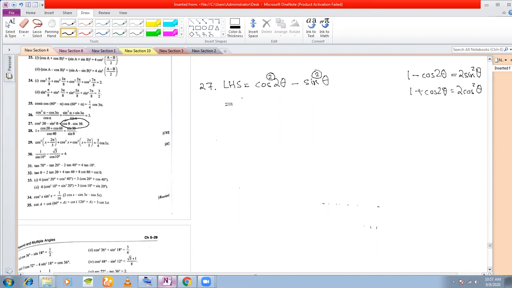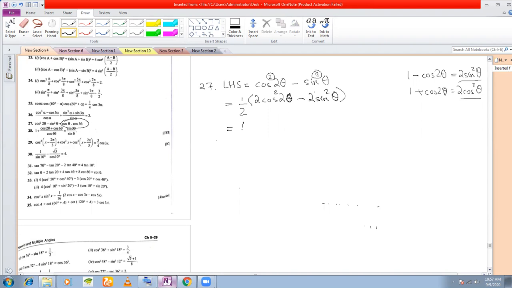So because you have a 2 sine square theta and a 2 cos square theta, we'll take a half of 2 cos square 2 theta, and here also half of (2 cos square theta minus 2 sine square theta). We'll write it this way.